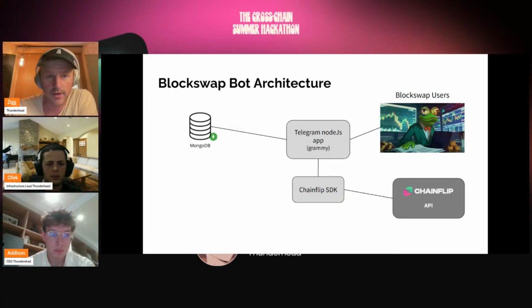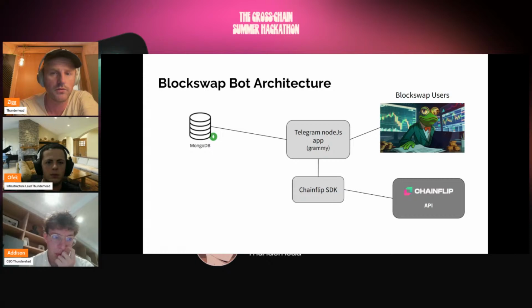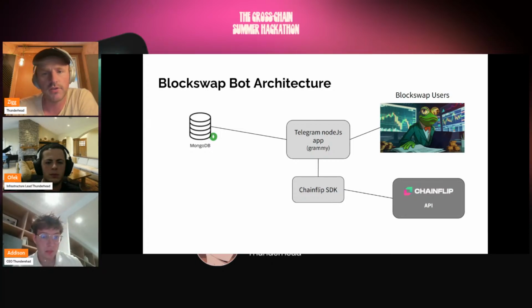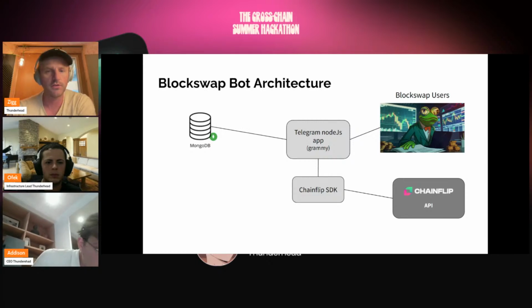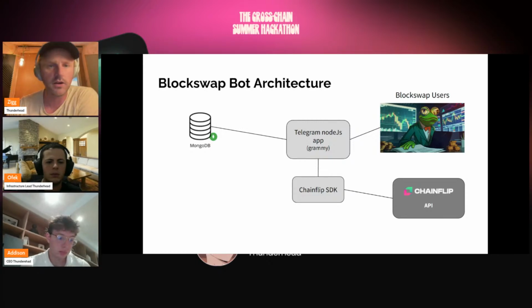That application talks to the Chainflip SDK, which Chainflip have published on NPM and the various package managers. It gives you some useful functions, which we'll go through next, to interface with the Chainflip API on the right, and then the users interact with the Node.js application. If we go to the next slide.